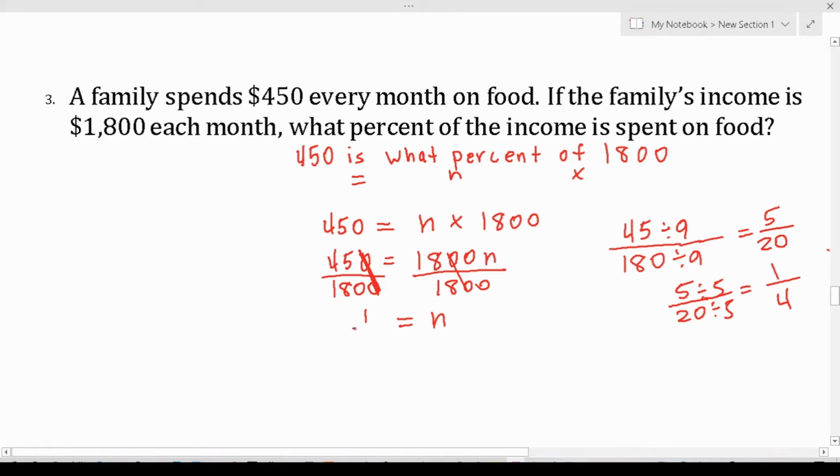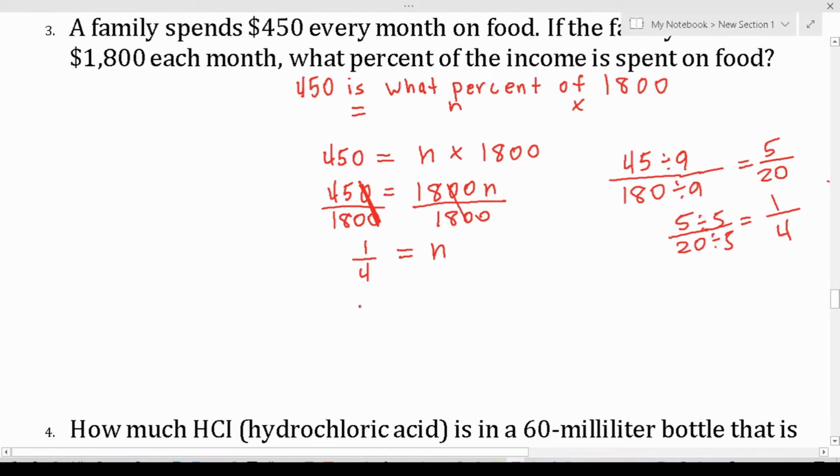So as we can see, n equals 1/4. And again, we should know that 1/4 is equivalent to 0.25, so n equals 0.25. And we should also know that 0.25 is the same as 25%. So as we can see, the family spends 25% of their monthly income on food.